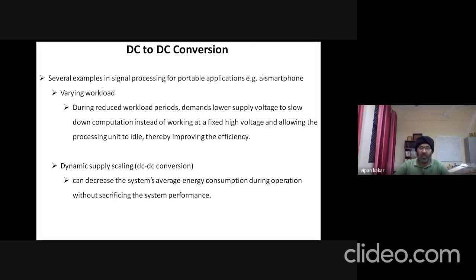Again, the example of a smartphone: we have varying workloads in smartphones. Reduced workload periods demand lower supply energy or voltage. And you know that if our smartphone is not doing anything, high voltage levels are not required.